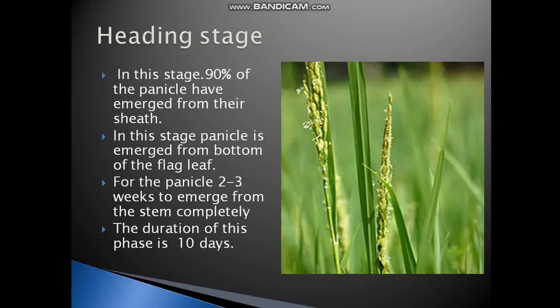It takes 2 to 3 weeks for the panicle to emerge completely from the stem, and the duration of this phase is 10 days. In this stage, 90% of the panicles emerge. Slowly, slowly, the small rice panicles keep coming out. It takes 2 to 3 weeks until the stem emerges completely. It means the heading stage means emergence of the panicle from the stem, right? It takes 10 to 12 days normally.